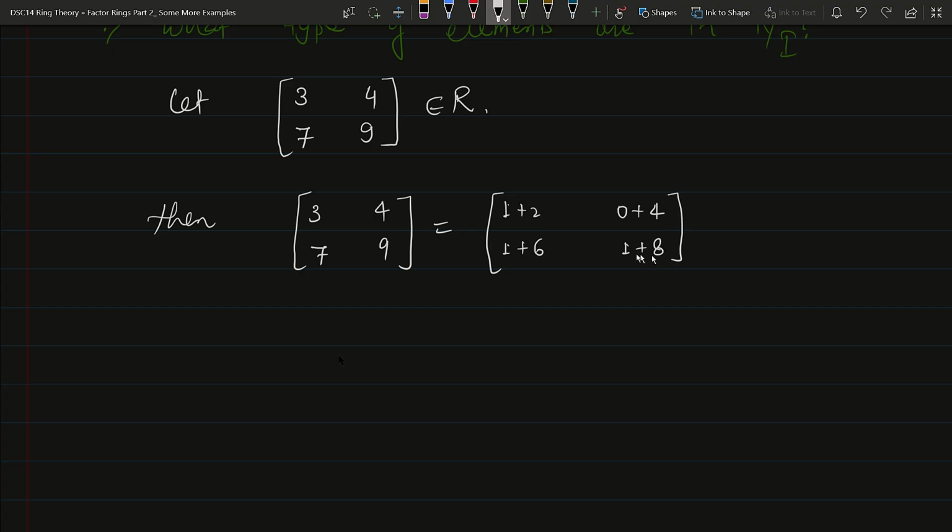Okay, now you can see this is the addition term by term. So we can write this as the matrix 1, 0, 1, 1 plus the matrix 2, 4, 6, 8.